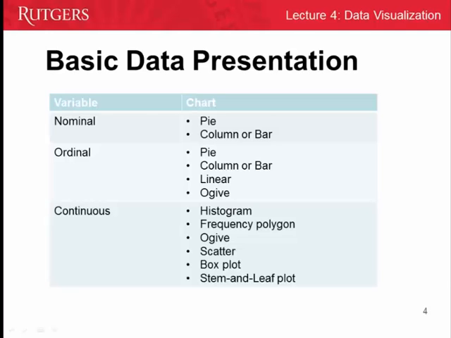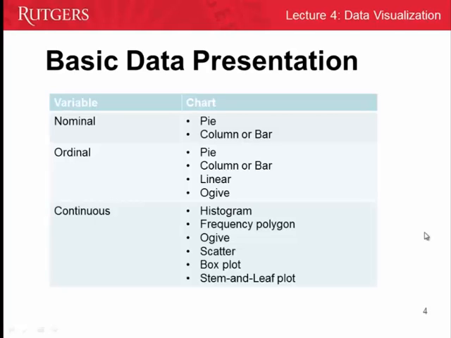We can see from this table that for nominal data, we can usually use a pie chart, column chart, or bar chart to present them. While we can also use a line chart or Ogive chart to present the ordinal data.